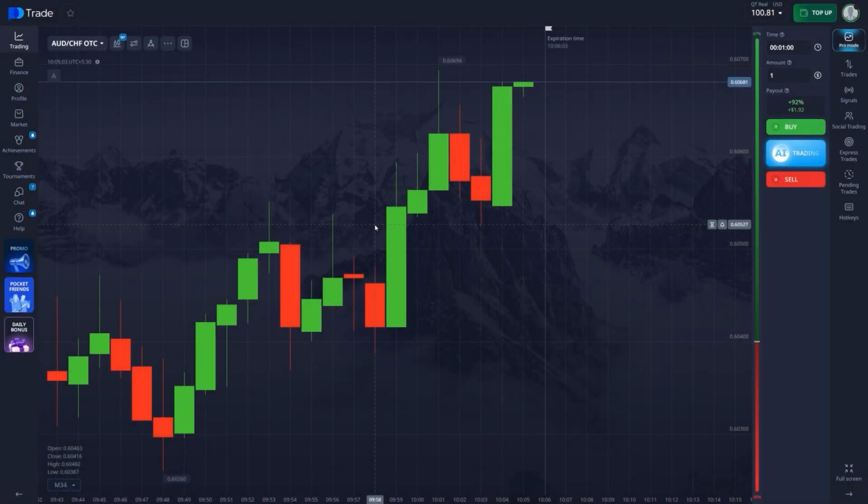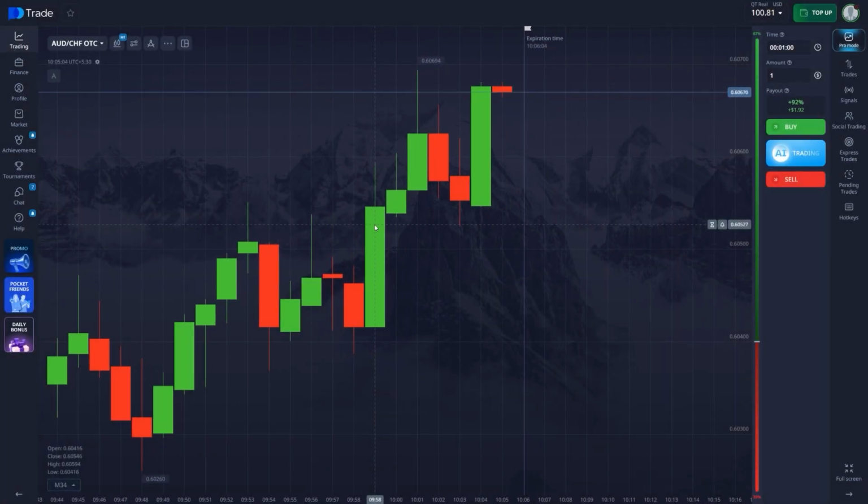Okay guys, now we are back on the computer screen. You can see that the current balance in this account is exactly $100. And in this trading session, I am going to attempt an extremely aggressive challenge, turning this $100 balance into approximately $7,000 to $8,000.